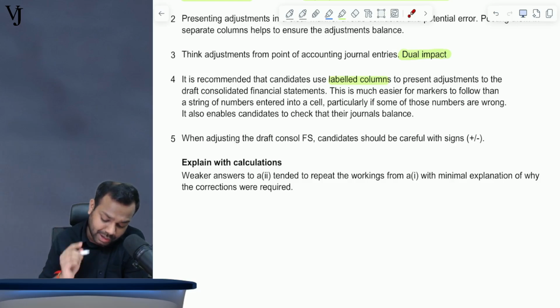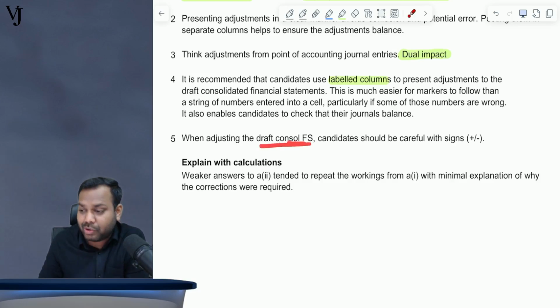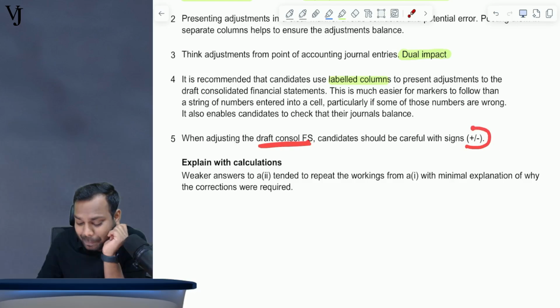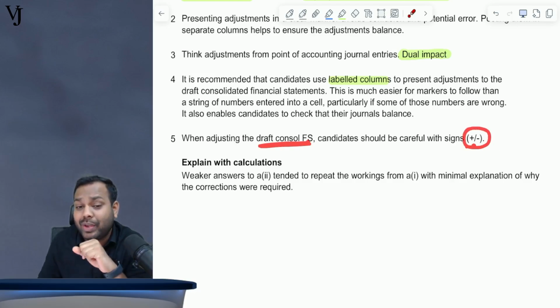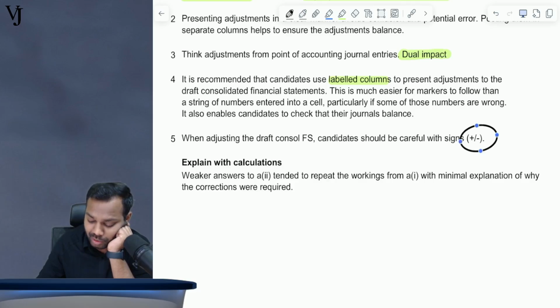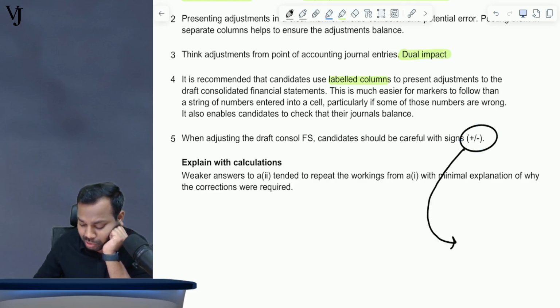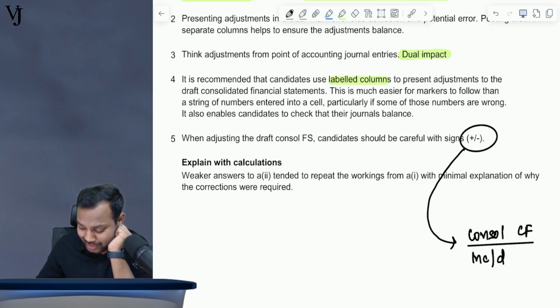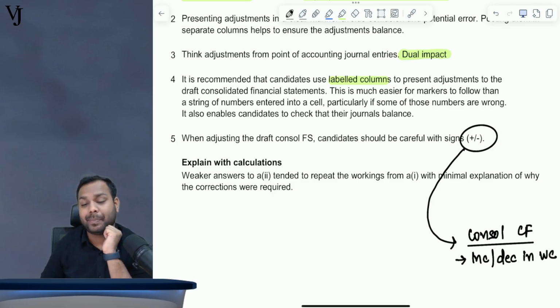Now again, when adjusting the draft consolidated FS, be careful when using the plus and minus sign. I'll tell you where this mistake happens. This mistake will happen prima facie in these areas: if a question comes on consolidated cash flow and you have to adjust the increase or decrease in working capital, then this mistake will happen.